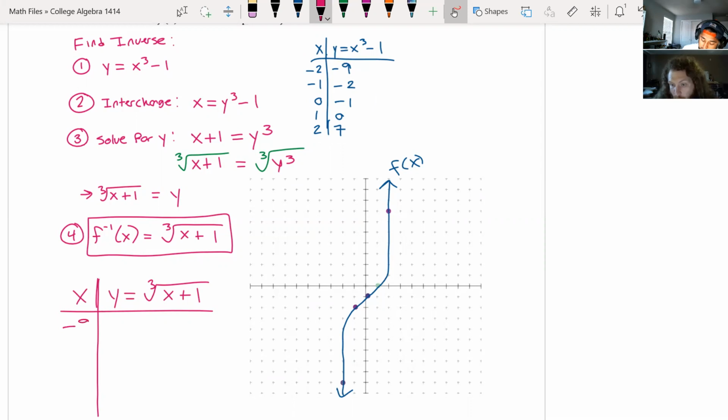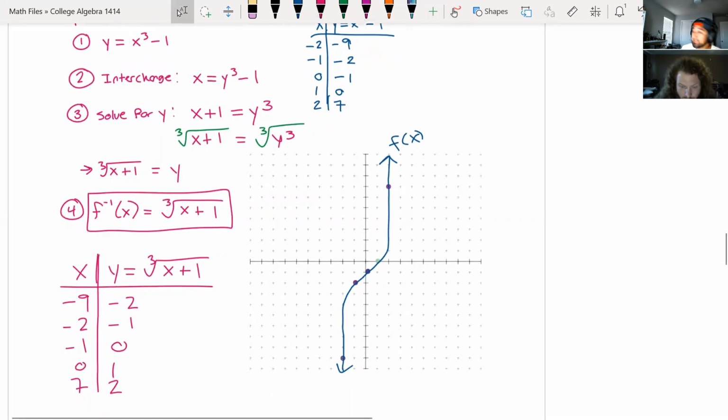So you'll get -9, -2, -2, -1, -1, 0, 0, 1, and 7, 2. Easy enough, right? Take those original coordinates and flip them.